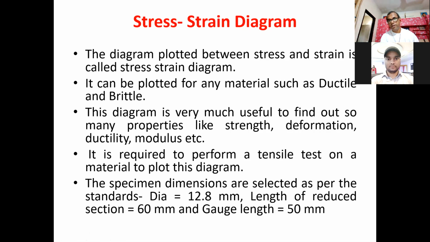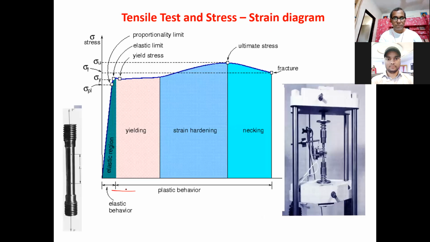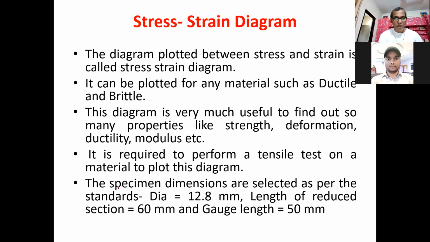When we perform any test to find out the properties of a material, we have to prepare a specimen. हमको एक स्पेसिमेन बनाना होता है, और स्पेसिमेन के डायमेंशंस होते हैं, that specimen dimensions are normally taken from the guidance of ASTM, that is American Society for Testing and Materials.